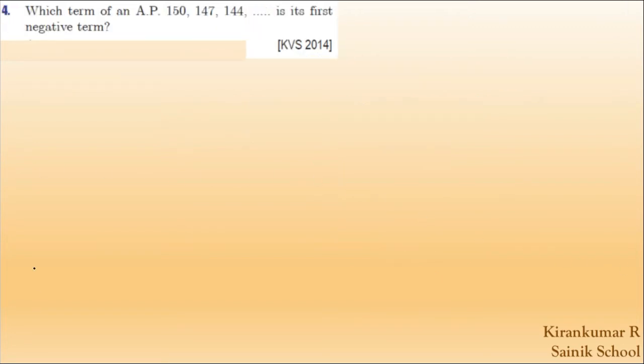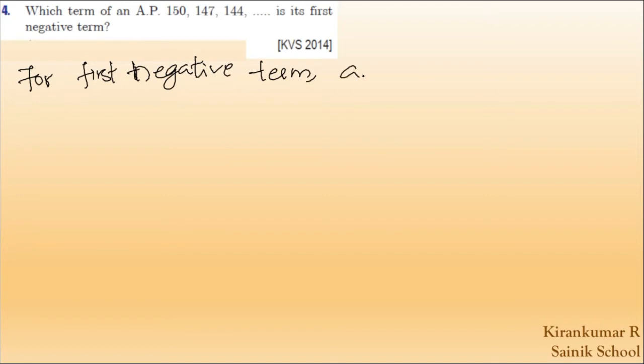Fourth question. Which term of the arithmetic progression 150, 147, 144, and so on is its first negative term? Whenever this type of question is there, for the first negative term we need to consider an less than 0. So a plus n minus 1 into d less than 0. Here the first term is 150.